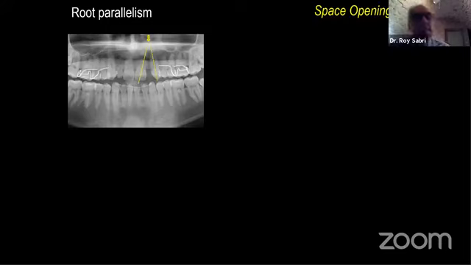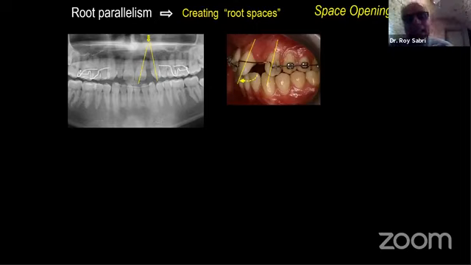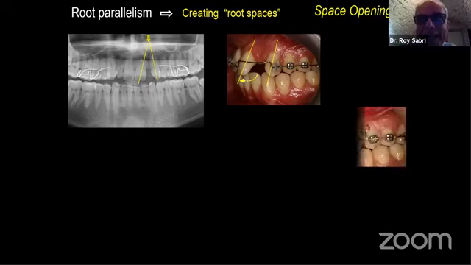Okay, this is a patient that finished orthodontics and went to a restorative dentist. He said, no way, there is no way we can put an implant here. Okay, you have to do braces again. So I had to, because the incisors were proclined, and the more you procline the incisors, the more your roots get closer together and converge.